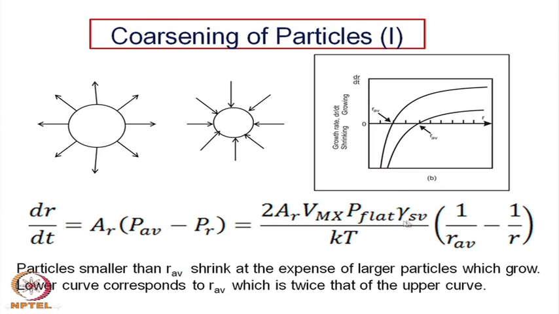What is this value, what is this vapor pressure on the flat surface and so on, and what is the exact compound and so on. So, for any particular system there is always a critical value below which the particles will collapse, will dissolve, and the material from that dissolution goes to the other particles having a particle size greater than the critical size.